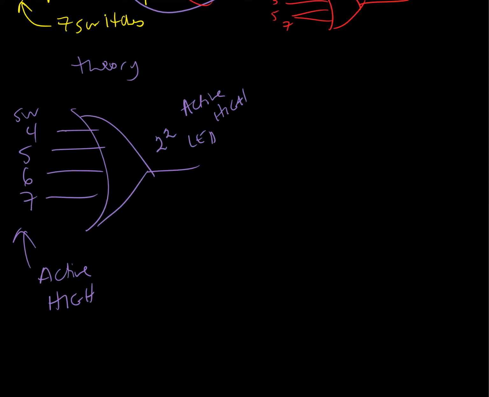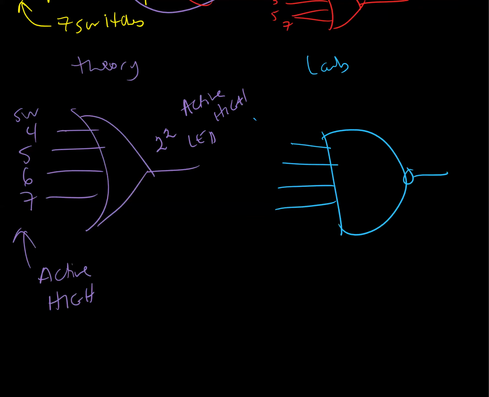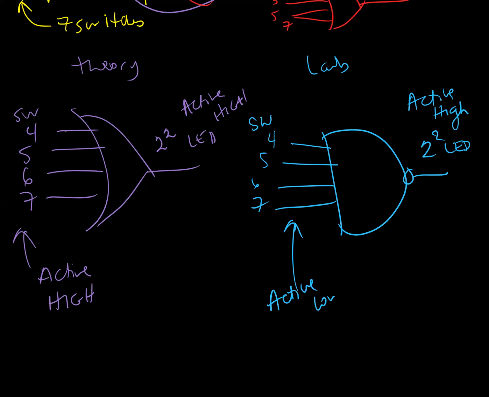Now in the lab, that's not what we built. In the lab, we actually used NAND gates. So we connected this. We still connected it to switches 4, 5, 6, and 7. And we still connected it to the same LED. This was still an active high output, but these inputs were actually active low, which means I would leave all of these switches high normally and just put low the switch that I want.